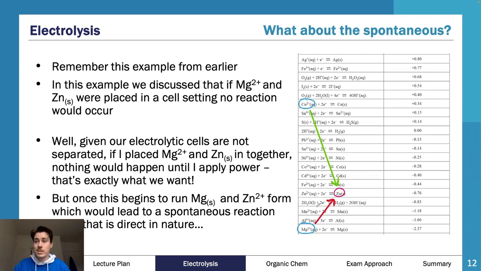With electrolysis, you can have things in the same container, and that's okay, because there's not going to be a spontaneous reaction between these two things if I put them in the same container. But once I start to run it, what am I forming? Well, if I use a different color, let's go green. Once I start running it, I form this and I form this. This looks spontaneous. So it's really important you have ways to separate things in electrolysis.